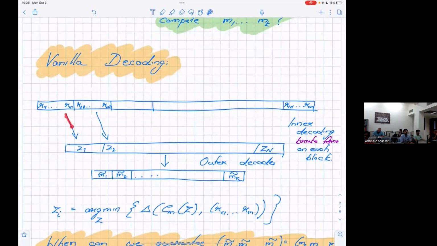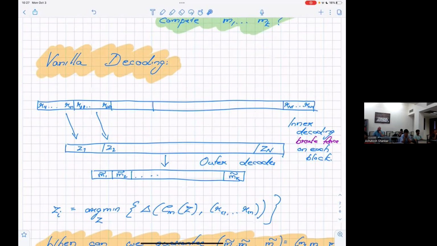We've done Shannon's brute force decoding at the inner level. And we know that most of the time we are going to be correct. There's a small inverse polynomial fraction of blocks which are possibly going to be incorrect. Now, as long as this polynomial fraction of incorrect blocks is less than the unique decoding radius of the outer code, we'll be able to recover perfectly and go ahead.